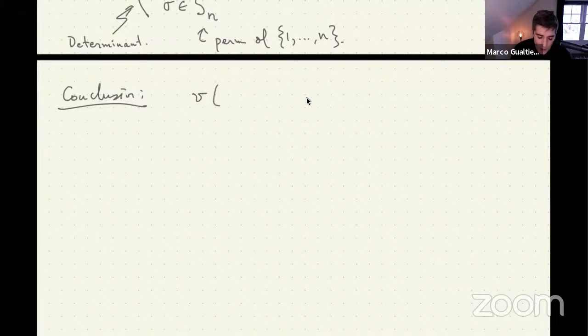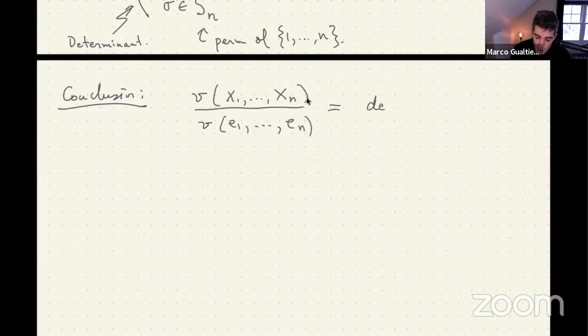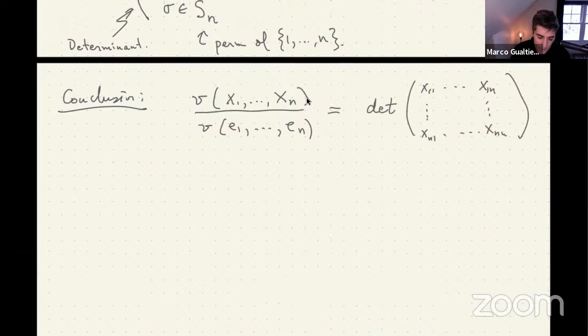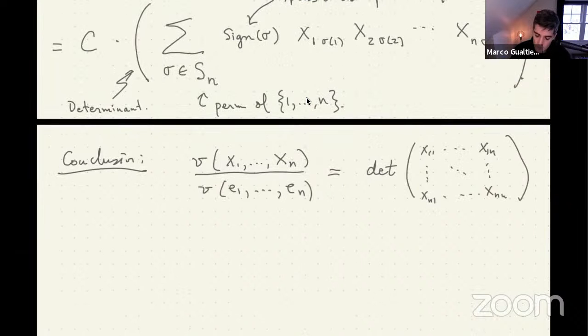The volume of x1, xn divided by the volume of E1, En is equal to the determinant of this matrix, x11. Okay.